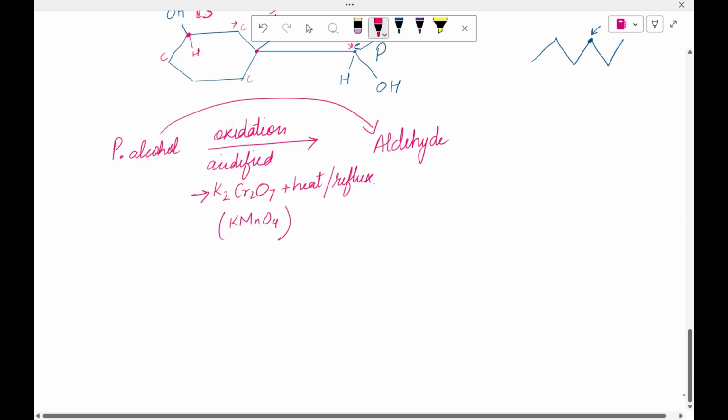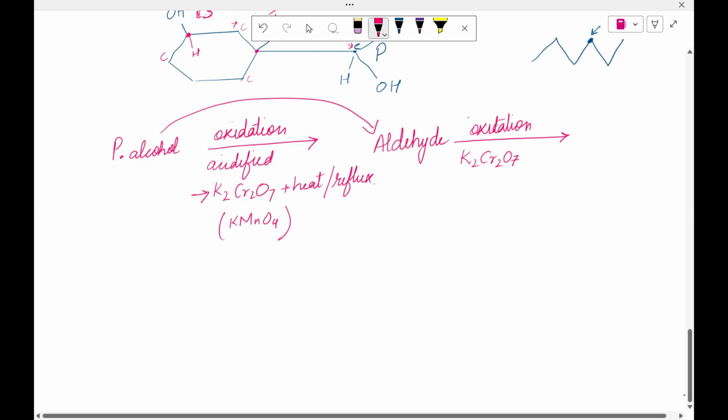Is that clear? And then what is going to happen? This aldehyde is going to proceed further. If its oxidation is done, what is going to happen? First of all, its oxidation can be done in the presence of K2Cr2O7.